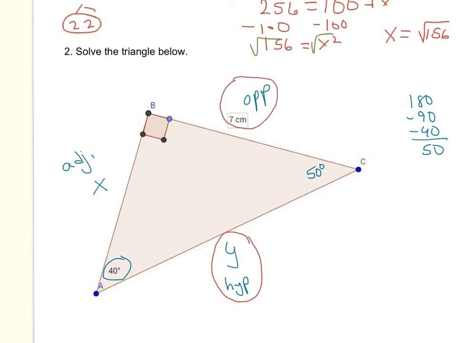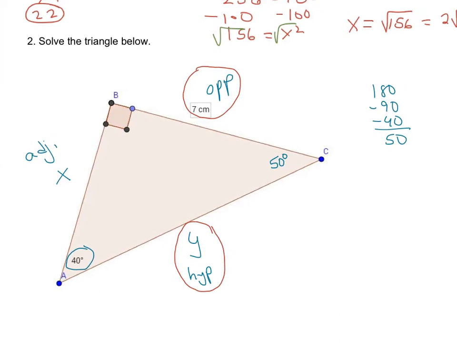It's opposite of 40. Now if we think which of our trig ratios is opposite and hypotenuse, that is sine. So I could say the sine of 40 degrees is equal to the opposite over the hypotenuse. Now sine of 40 is just some number, so I could type that in the calculator and I get 0.642, and then I could write that over 1 equals 7 over y.